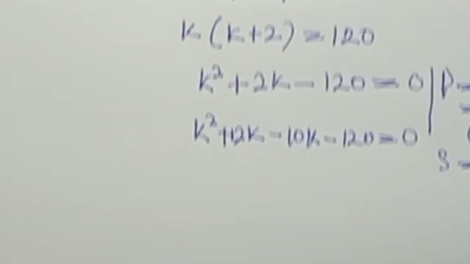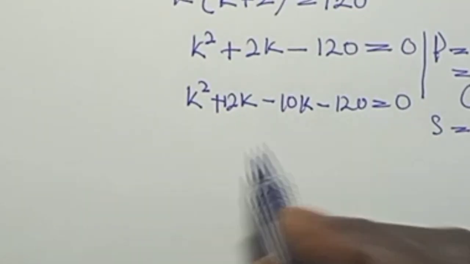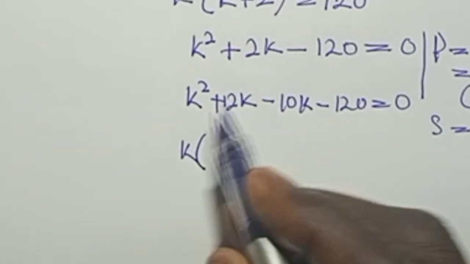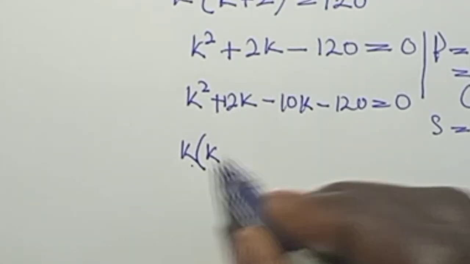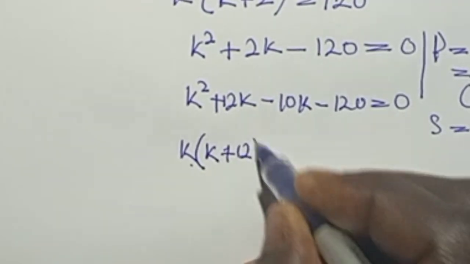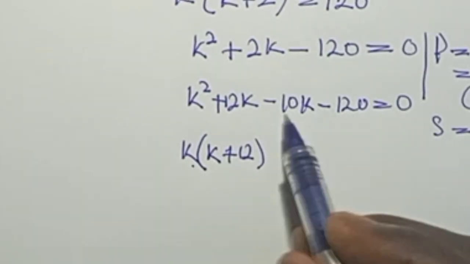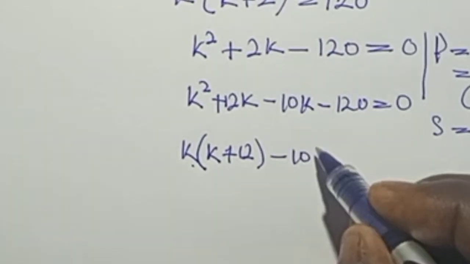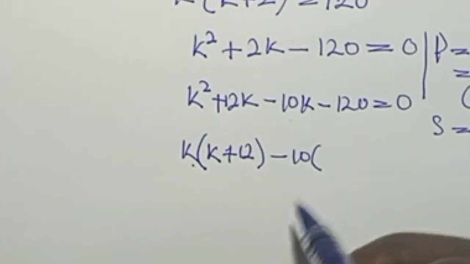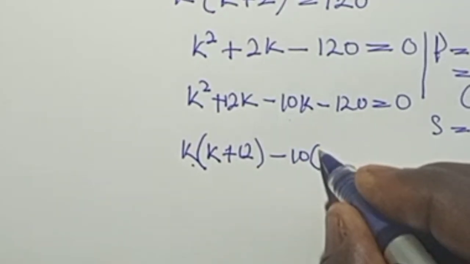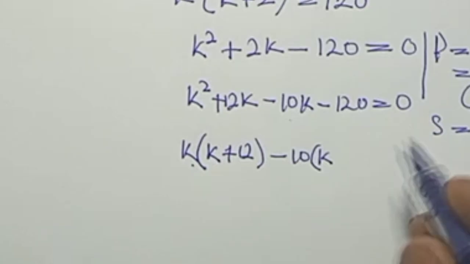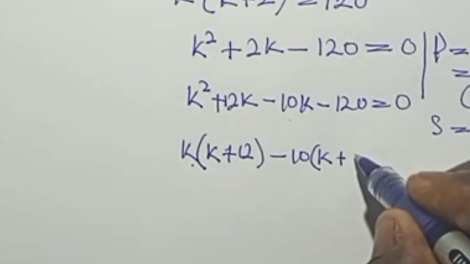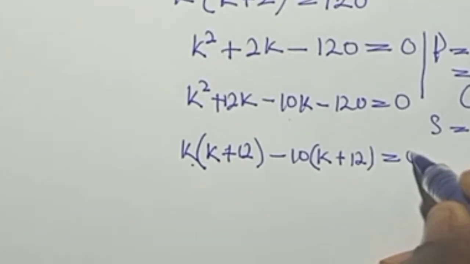So here, our equation will become k squared plus 12k minus 10k minus 120 equal to 0. To carry out factorization, k squared divided by k is k, and 12k divided by k is plus 12, close the bracket. What is common here is minus 10, open the bracket, minus 10k divided by minus 10 leaves k, and minus 120 divided by minus 10 is plus 12, all equal to 0.